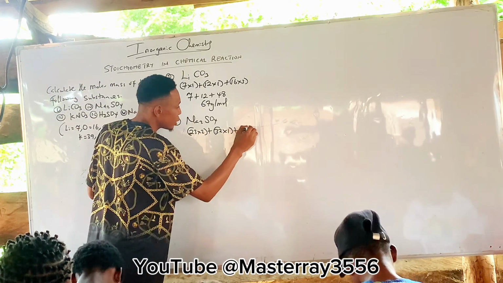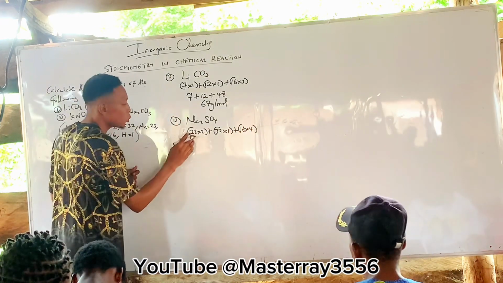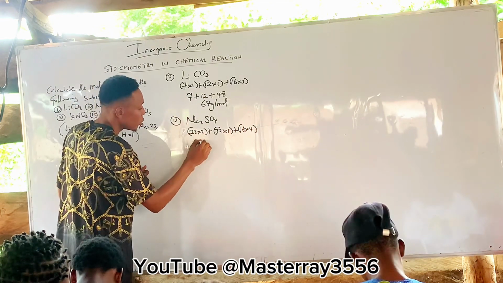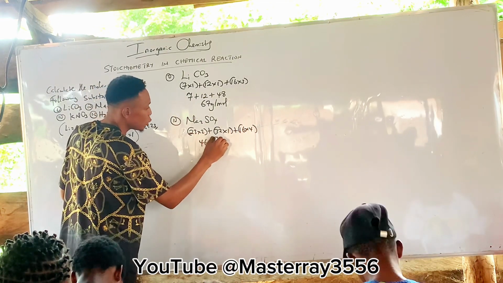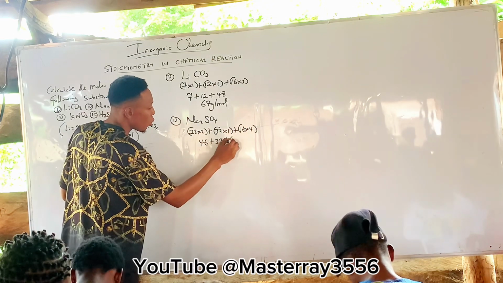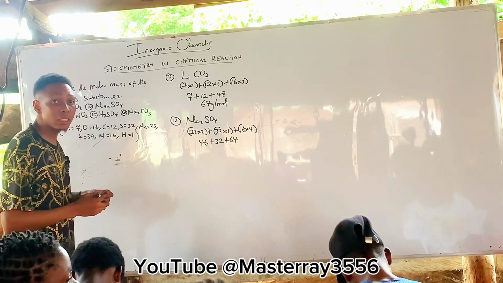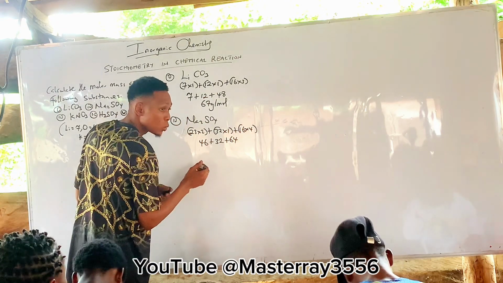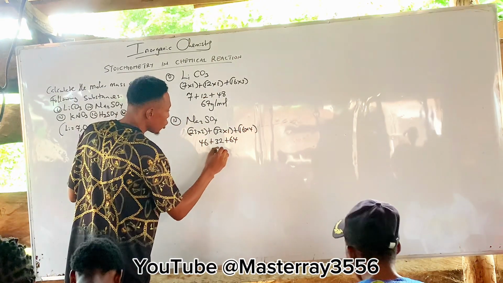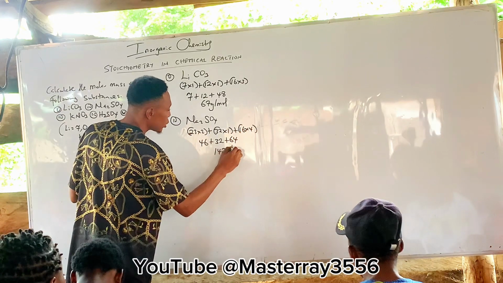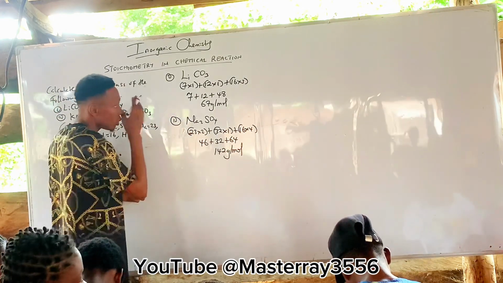That is 16 times 4. So from there, 23 times 2, 46, plus 32, then plus 64. So add up everything. What do we have? 142 gram per mole.